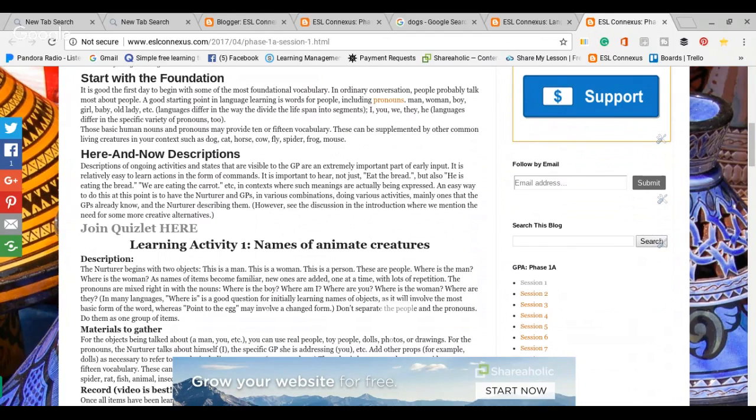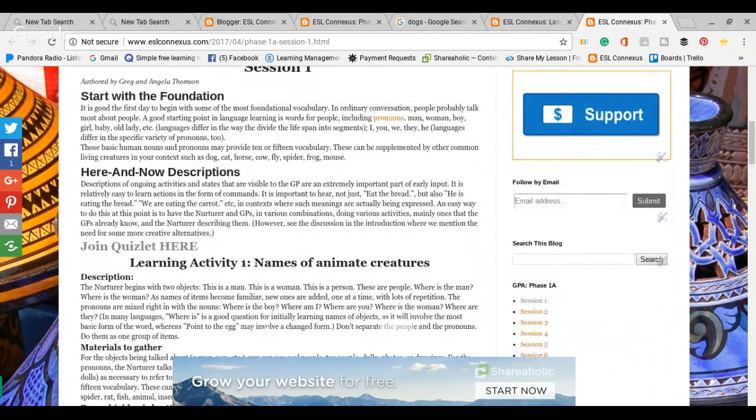In English, we use pronouns. So we have subject pronouns, and we use I, you, we, they, and he. And there's different forms of the pronoun depending on if you're using it as a subject or an object or an adjective.